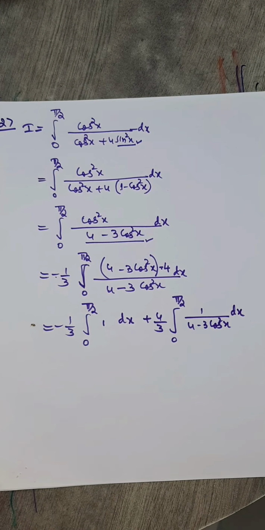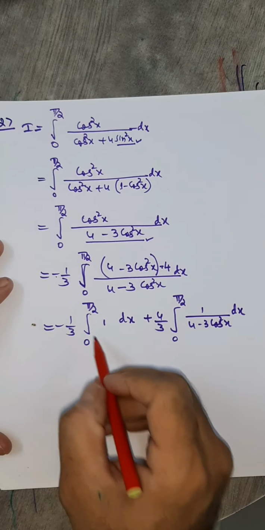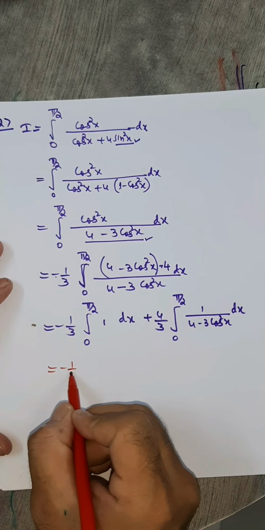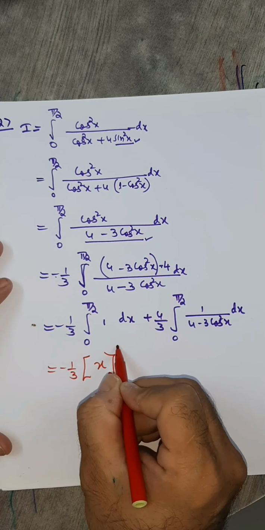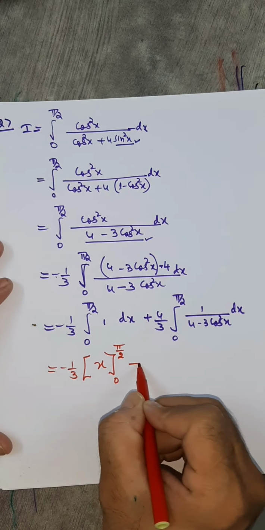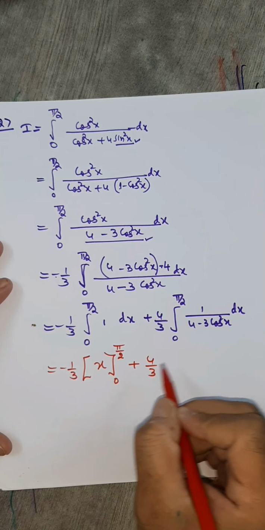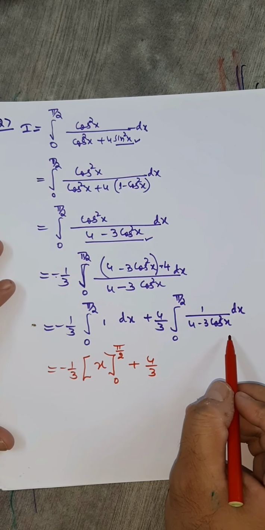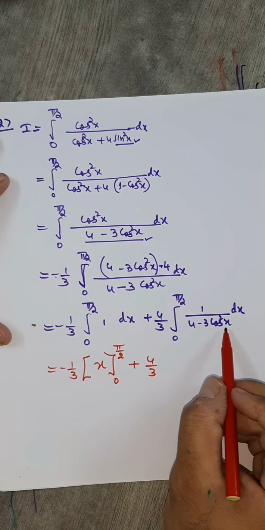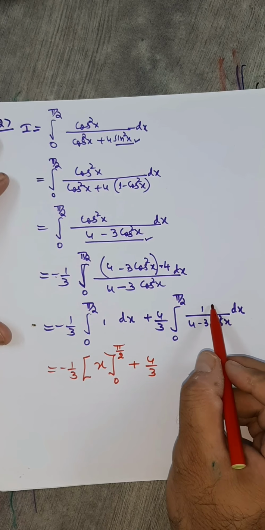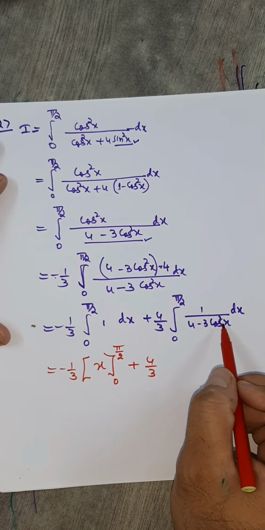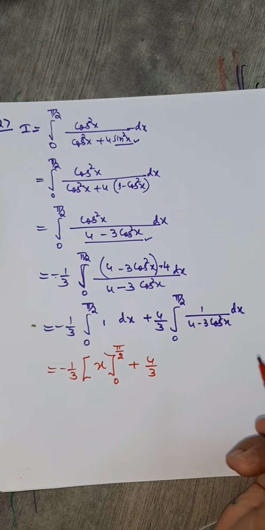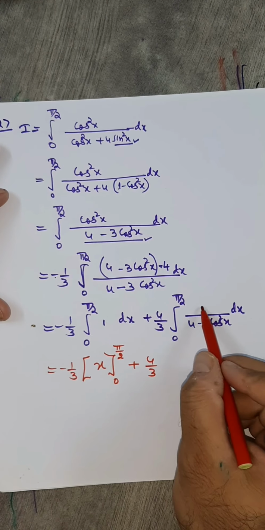So here you are through. Minus 1 by 3. What's the integral of 1? That is x. 0 to pi by 2. Plus 4 by 3. This is a very standard integral. You can divide numerator and denominator by, for example, sine square.